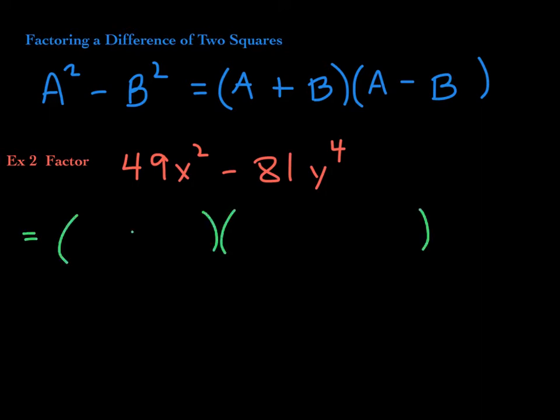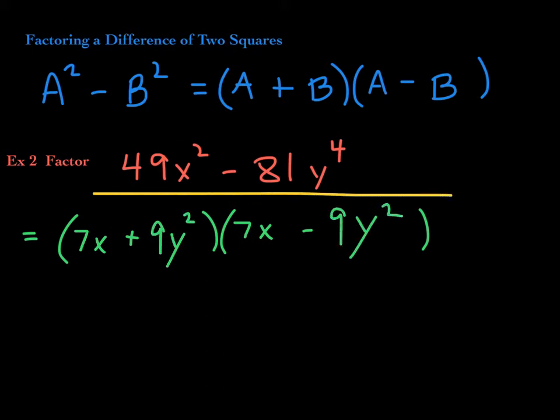One will be plus, the other one will be minus. What do you square in order to get 49x squared? 7x. So 7x goes first. What do you square in order to get 81y to the fourth? 9y squared. So 9y squared goes there, and you are done.